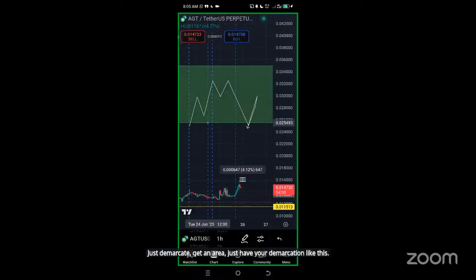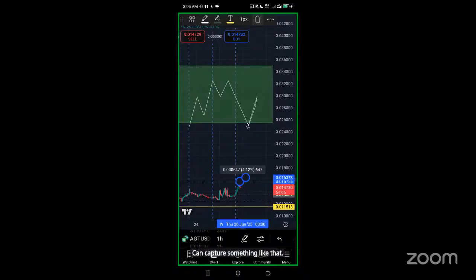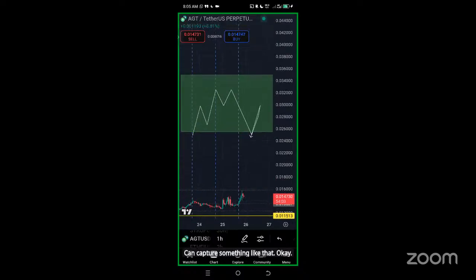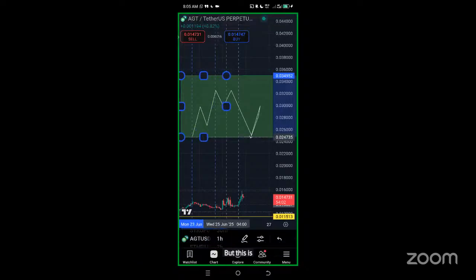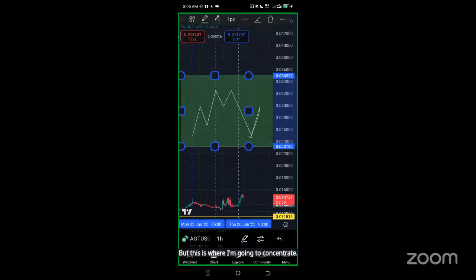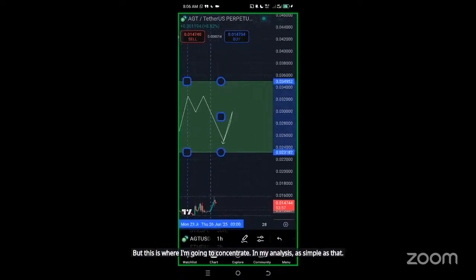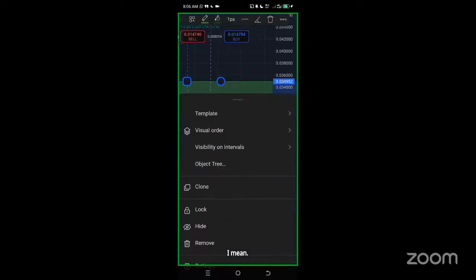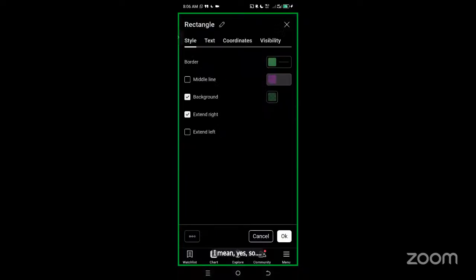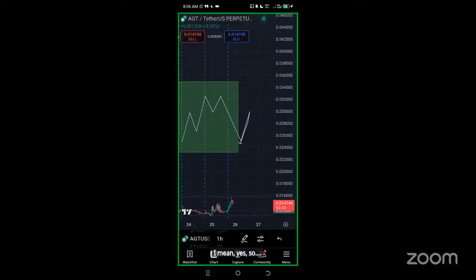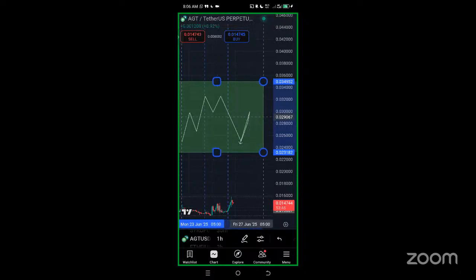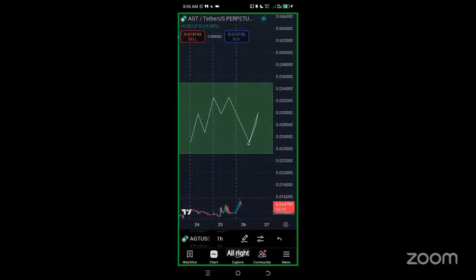You can capture an area like that and say, this is where I'm going to concentrate in my analysis, as simple as that. All right, so this is the area that you're going to focus on.